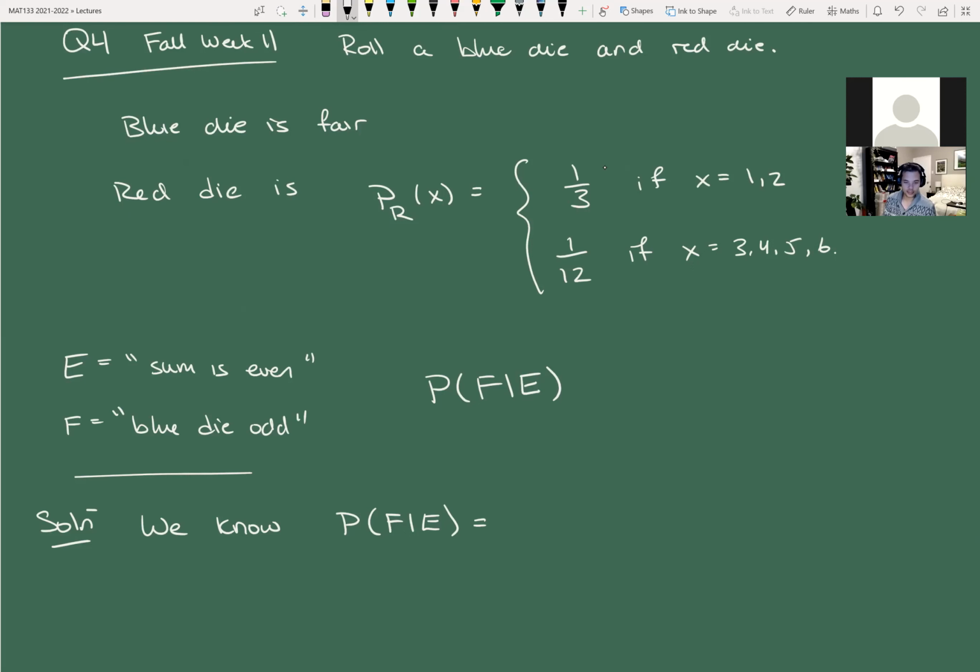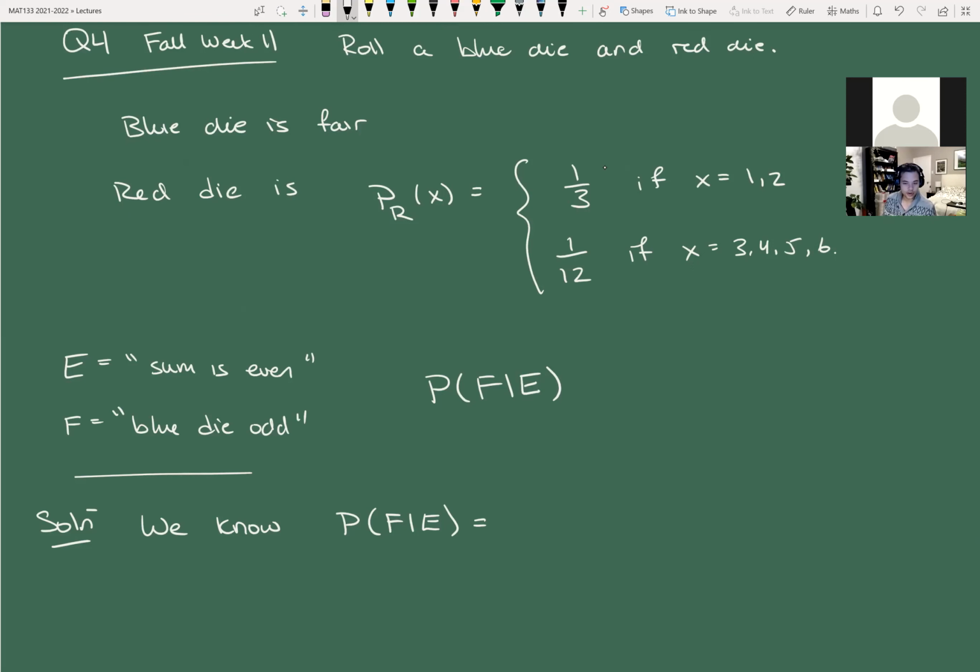Yeah, we could do Bayes' theorem. I think this one actually is not too hard to do on its own. We could try doing Bayes' theorem afterwards if you want, but I think we can do this one directly.